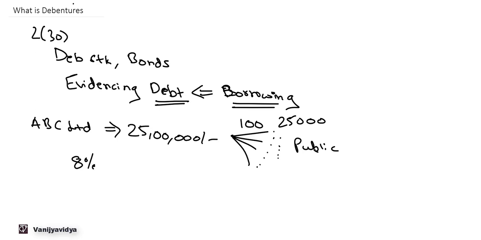So they will be known as 8% debentures. If they have a charge against a particular asset, they will be shown under secured loans, otherwise under unsecured loans or borrowings by the company. So debentures are basically instruments which evidence a debt or a borrowing by the company.